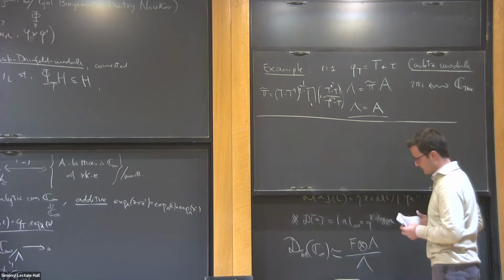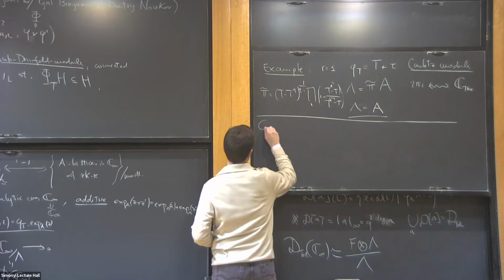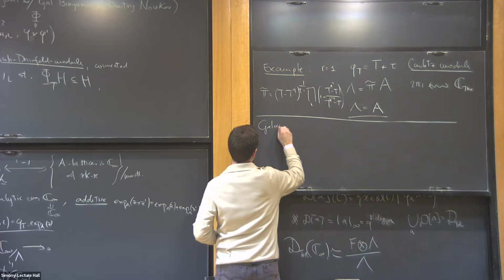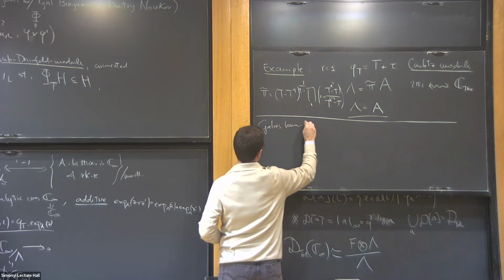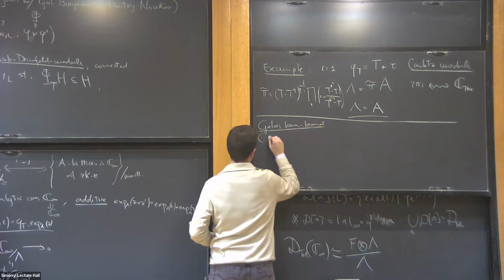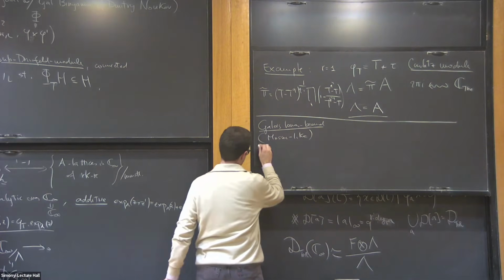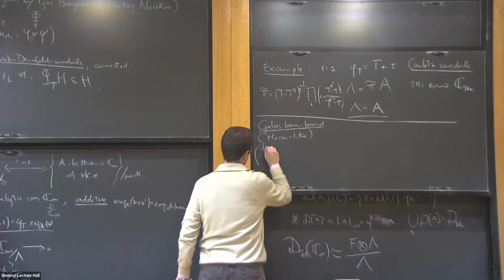Okay, so I said before that we need an upper bound and a lower bound. So the Galois lower bound, which I will call Masser-like, is the same as in the classical case for abelian varieties studied by Masser, and this in our case follows from the work of Breuer.